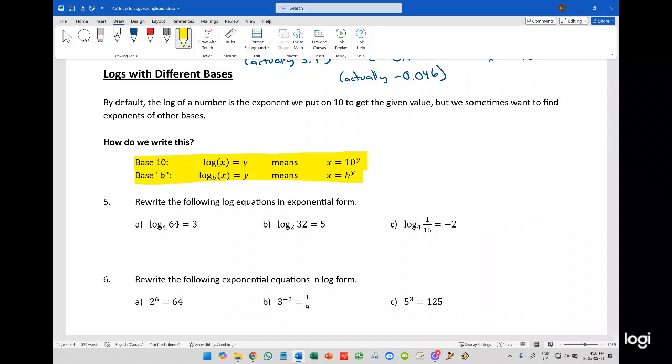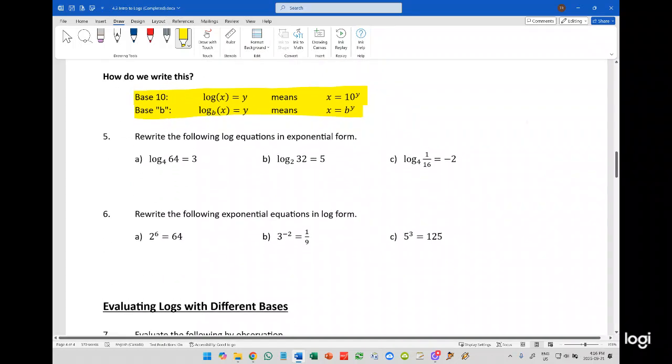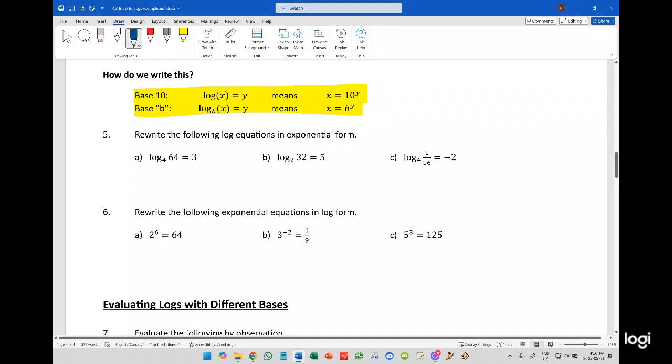Okay, that seems complicated, but let's just do a quick rewrite. We have these in log form. I'm going to rewrite them in exponential form. And by the way, I'm not putting variables in these. I'm doing ones that work out nicely so that hopefully your brain will catch the pattern. Log base 4 of 64 is equal to 3. Well, that's really saying the exponent I put on 4 is 3 in order to get 64.